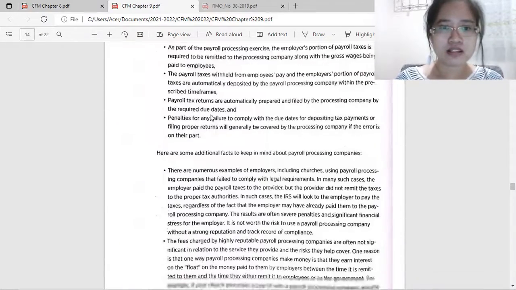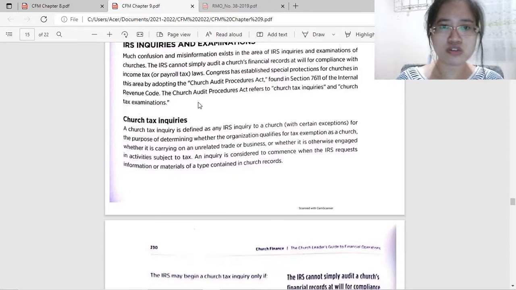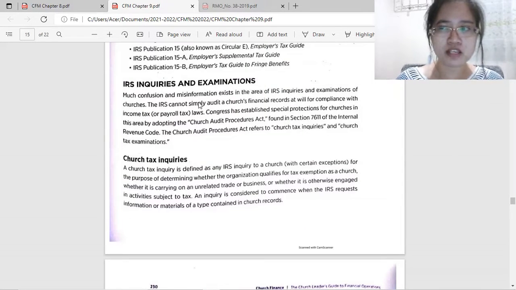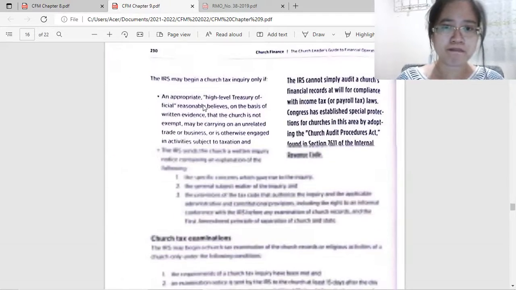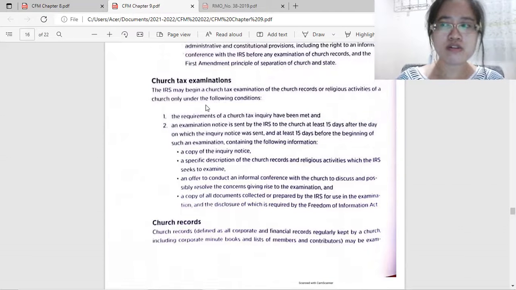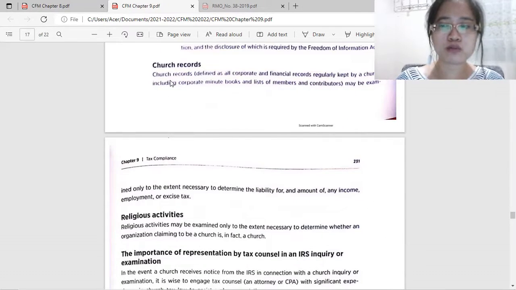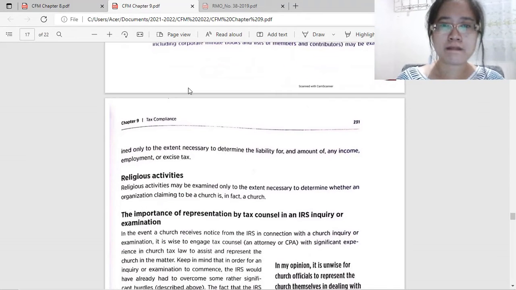What else? Helpful resources, IRS inquiries and examinations. In the Philippines, the equivalent of this is BIR investigation or BIR audit. Tax examinations: if ever the church is subject to an examination, a tax audit or tax examination, then they must be able to provide the church records so that the examination could proceed smoothly.